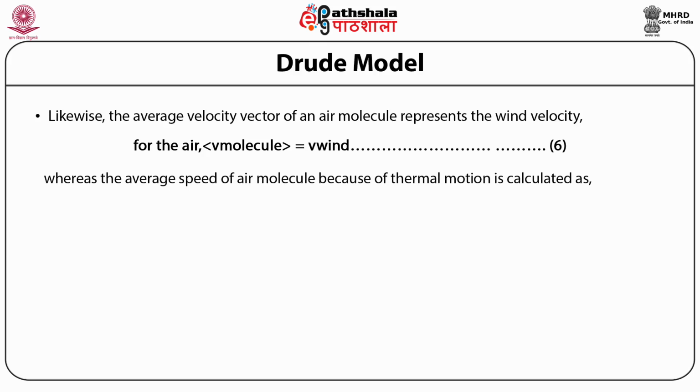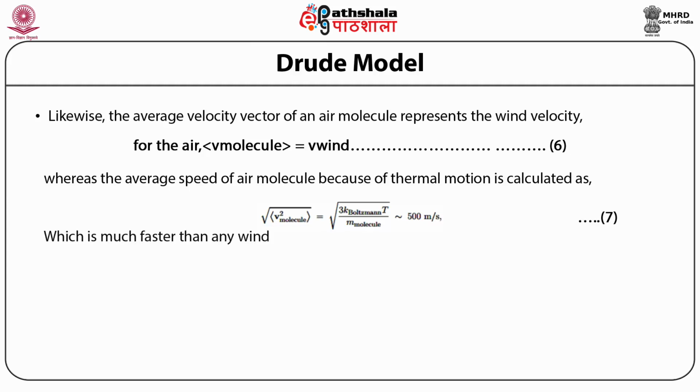Whereas the average speed of an air molecule because of the thermal motion is calculated as square root of the average velocity squared of the molecules, equal to square root of 3kT divided by m, where m is the mass of the molecule, which is equivalent to 500 meters per second. This is represented as equation 7, which is much faster than any wind.